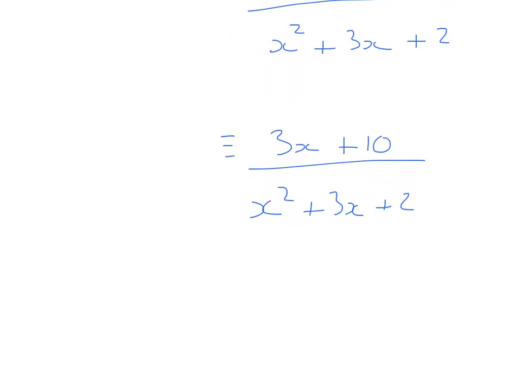Now, there could be a way of simplifying this further. With this particular fraction I know it won't work, and I'll introduce what that technique is in a later video. For now, there's no x there or there, so we can't cancel them out, and there's no common factor for all the numbers, so we're done.